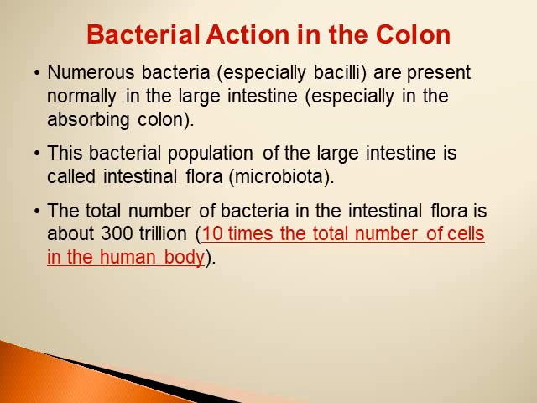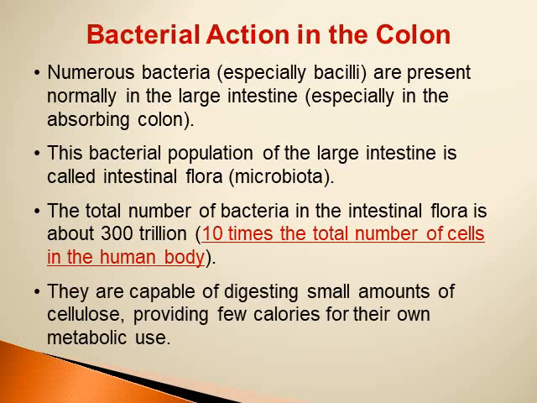The total number of bacteria in the intestinal flora is about 300 trillion, which is about 10 times the total number of cells in one human body. So we have more flora than our own body cells.